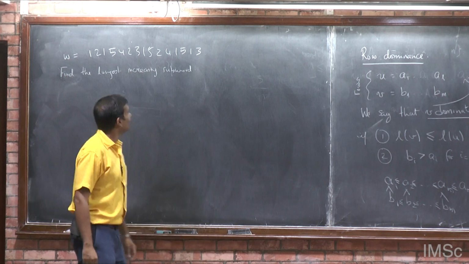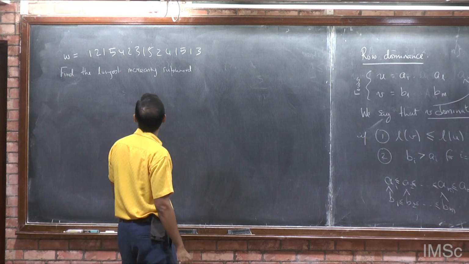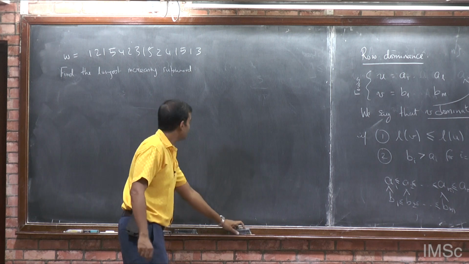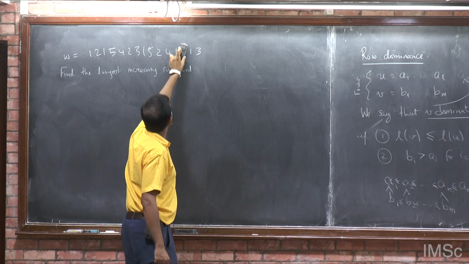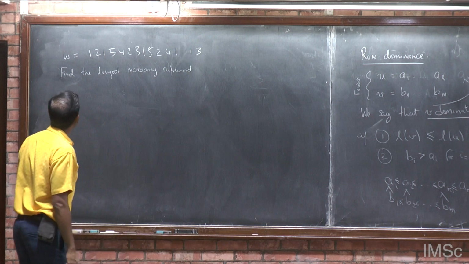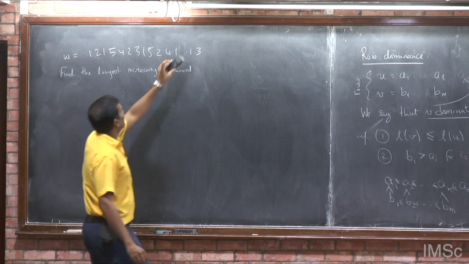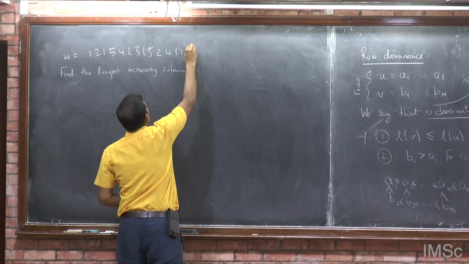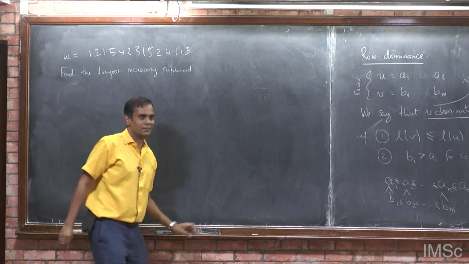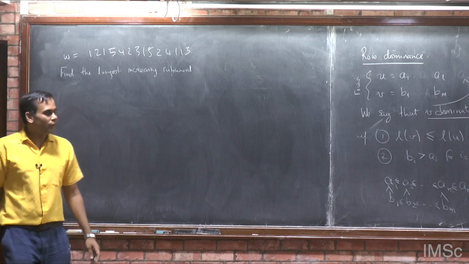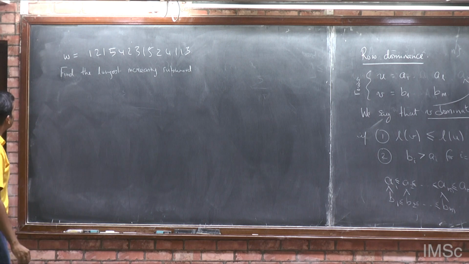But anyway, maybe I should remove some things. Let's remove this 5. So then 1, 2, 3, 5. So maybe this is better. I could work with the other one also, but okay, let's read this and keep track.